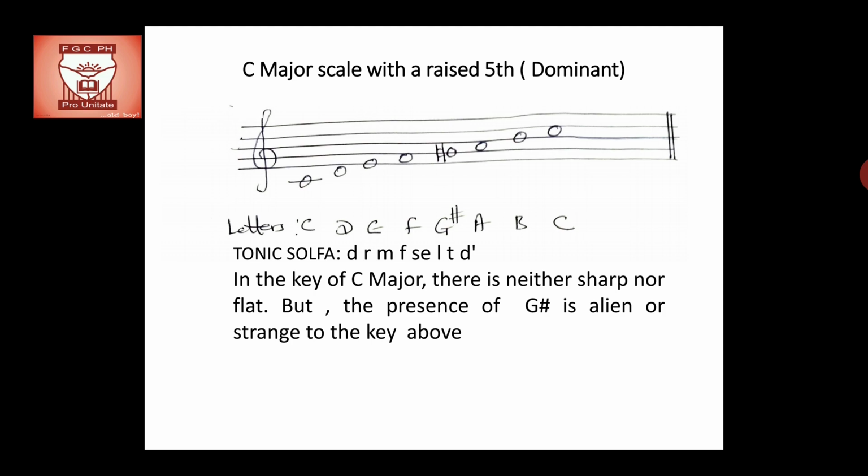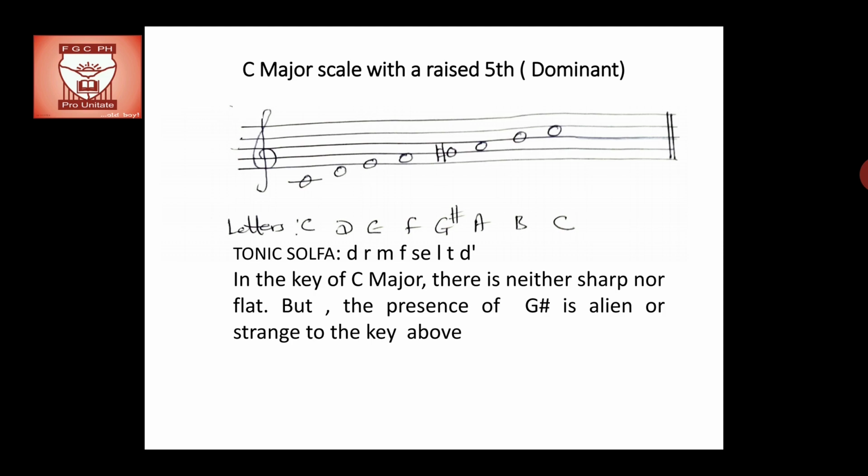Letters of C major scale. On the board, you can see letter C, D, E, F sharp, F, G sharp, A, B, and C, which gives us an octave of a scale, 8 notes, 8 letters.